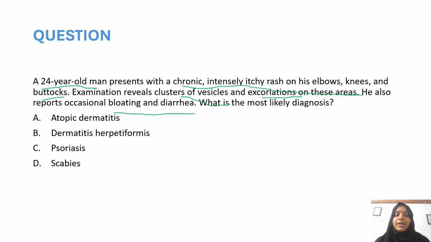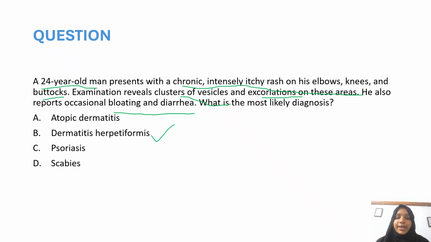The options are atopic dermatitis, dermatitis herpetiformis, psoriasis, and scabies. We'll see this. A chronic intensely itchy rash on elbows, knees, and buttocks. So this distribution, along with involvement of buttocks, with intensely itchy rash, which are like vesicles, with excoriations, is classical of dermatitis herpetiformis.